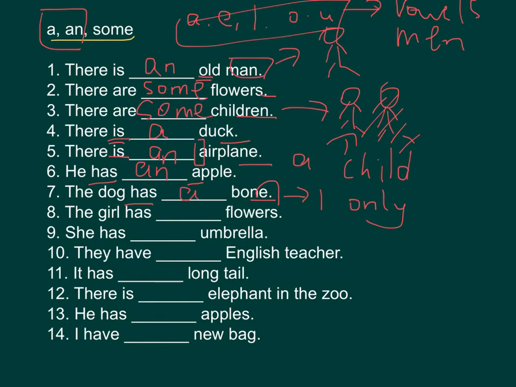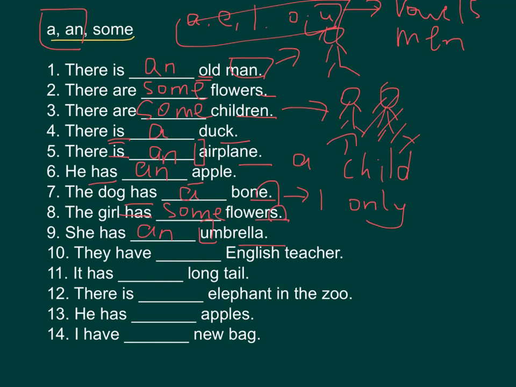And number 8, flowers. The girl has flowers. We see S here, so we know she has more than one flower, and we call some flowers, right? Umbrella. Umbrella, because one umbrella only, but we see U at the beginning of the word. U, A-E-I-O-U, right? So we use an umbrella.